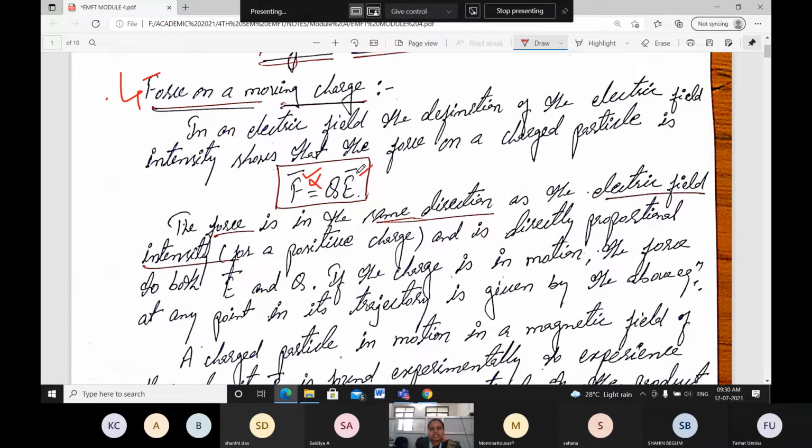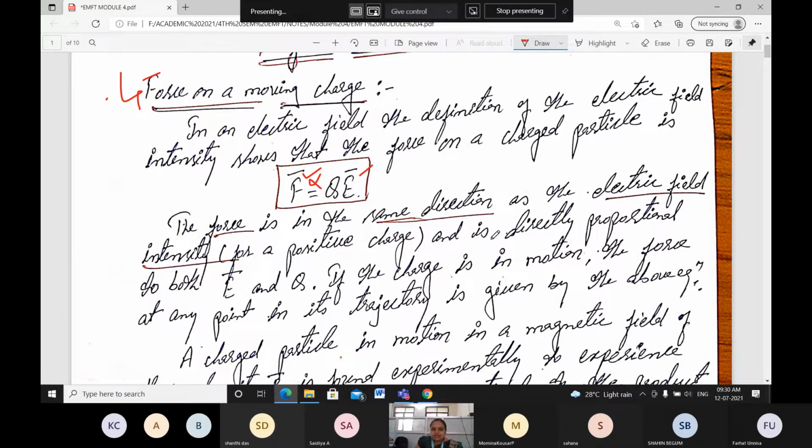In whichever way the electric field intensity varies, in the same direction the force is exhibited. The force is in the same direction as the electric field intensity for a positive charge, and for a negative charge it is vice versa.